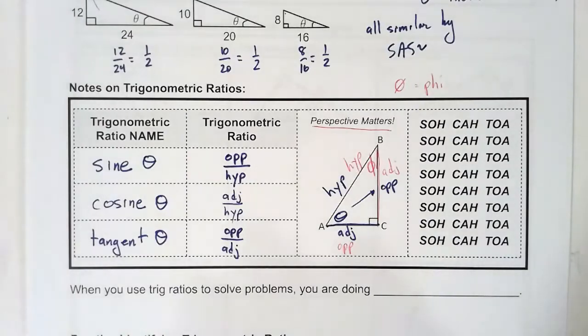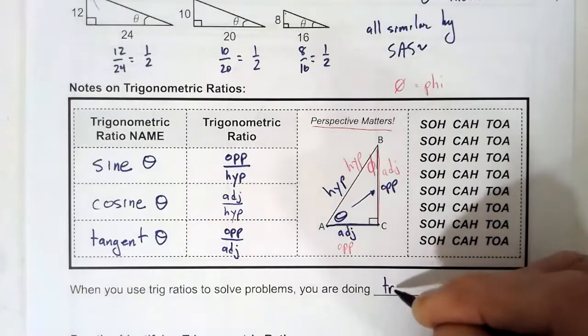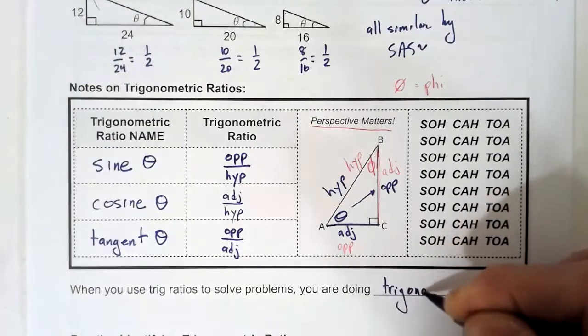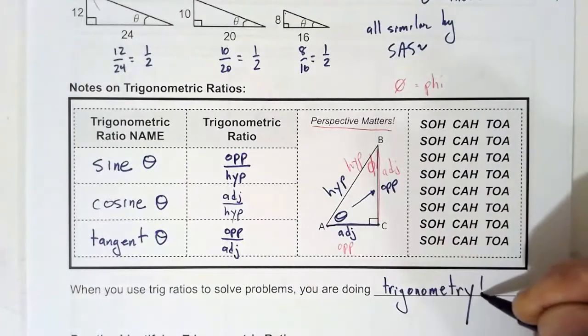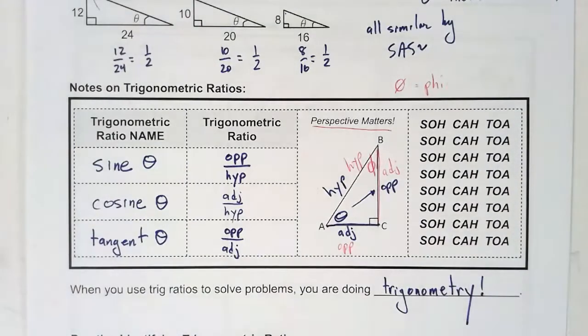All right. Now, when you use trig ratios to solve problems, you are doing trigonometry. Yay! Trig is awesome, and we're going to spend a couple days on this, so you're going to have lots of time to practice. A couple things before we jump into some problems here.